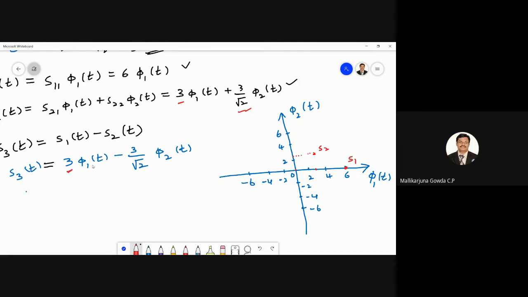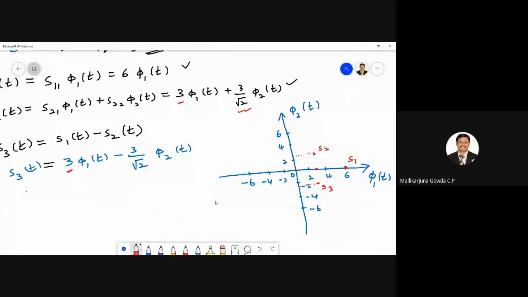Similarly, S3. S3 is what? 3 pi 1 of t minus 3 by root 2 pi 2 of t. So 3 pi 1 of t means 3 is on this side, right? In this direction only. Then minus 3 by root 2. So here it is plus 3 by root 2 and here it is minus 3 by root 2. So minus 3 by root 2 means from this point I can take, right? That is the same value, minus 2.1 you will get. So from this point, I think I can say this is my S3.